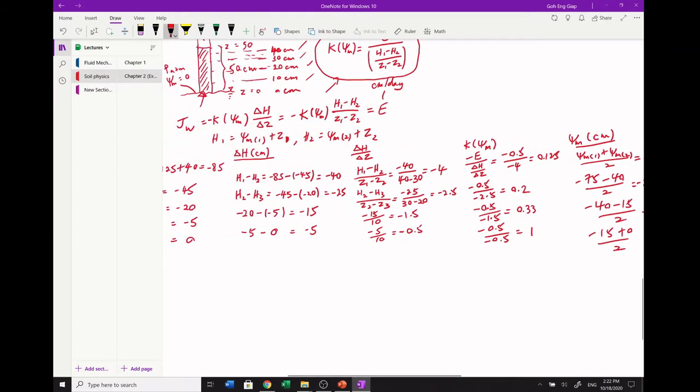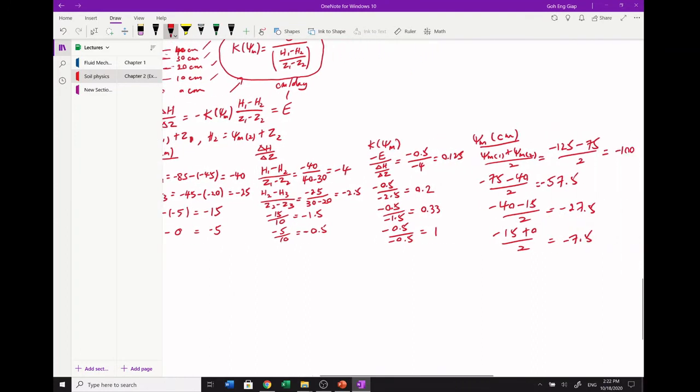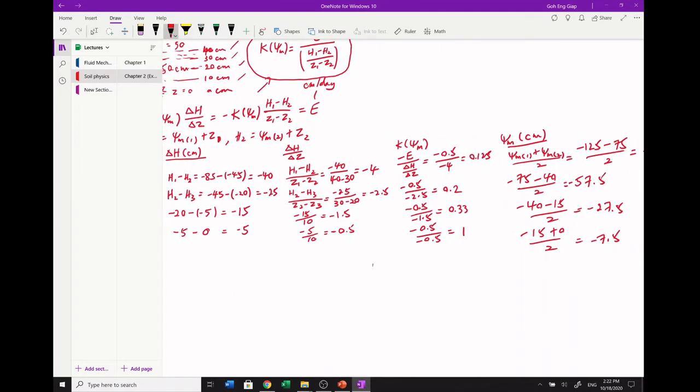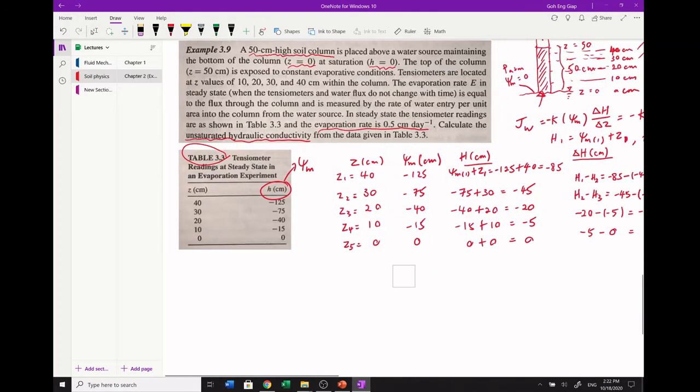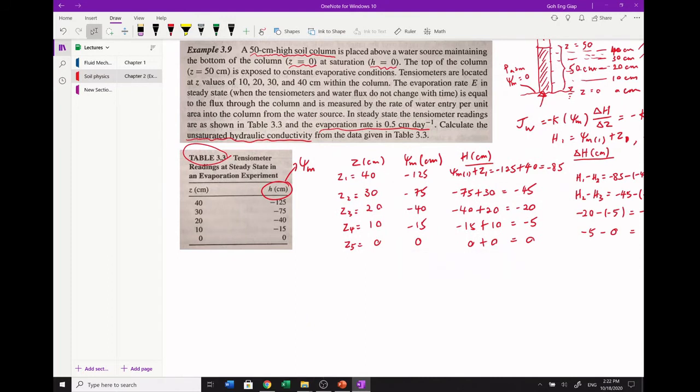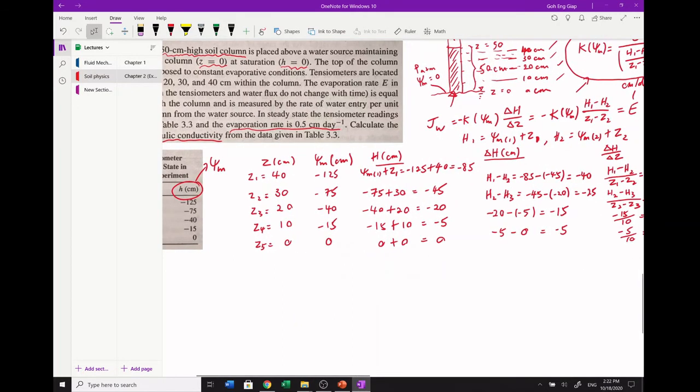Right? So now you already calculated K, so that you can make a summary of this. Okay, make a summary. Z in centimeter, of 40, 30, 20, 10, and 0.